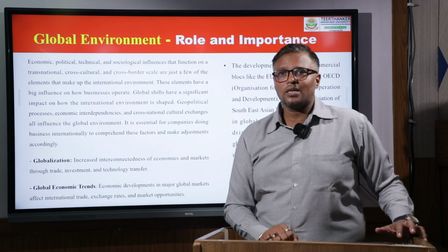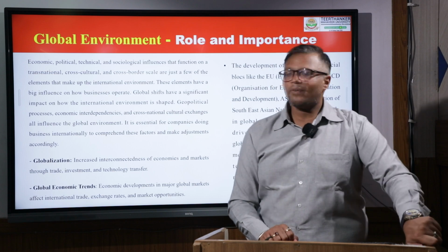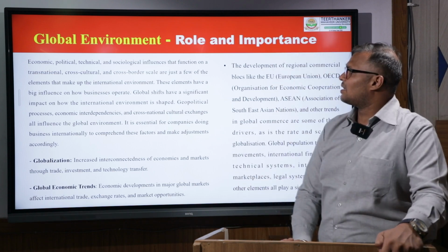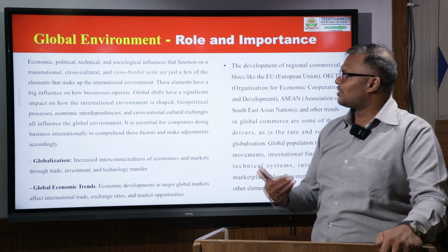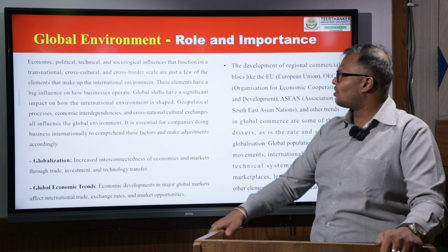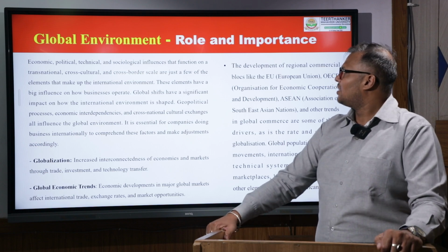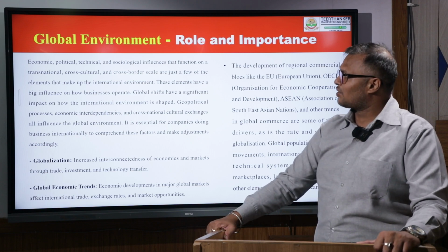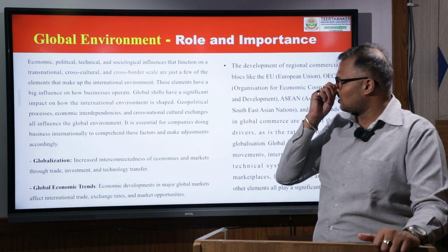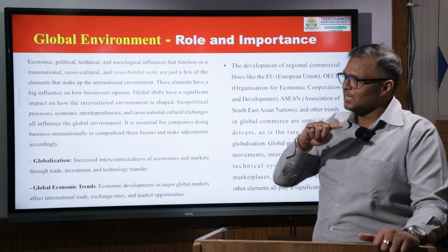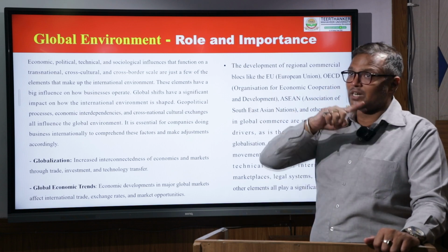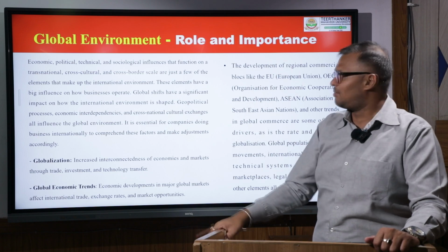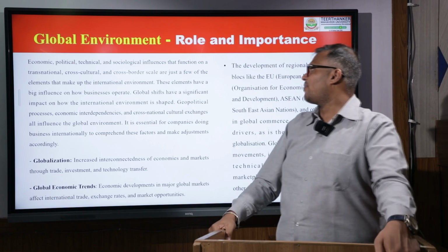Now, last over here is the global environment. We have so far seen the economic, political, technical, sociological, and many more things that function on various transnational, cross-cultural and cross-border scales. When we study all these things collectively, they represent the international environment, which is also called the global environment.